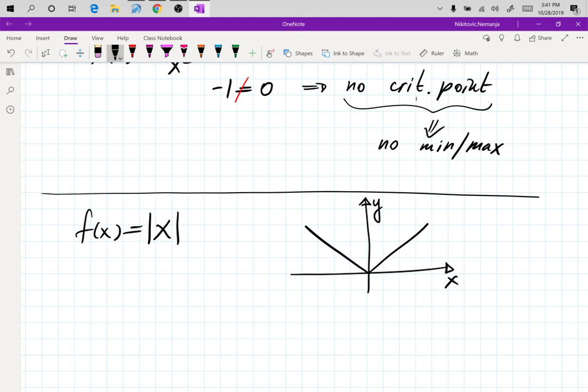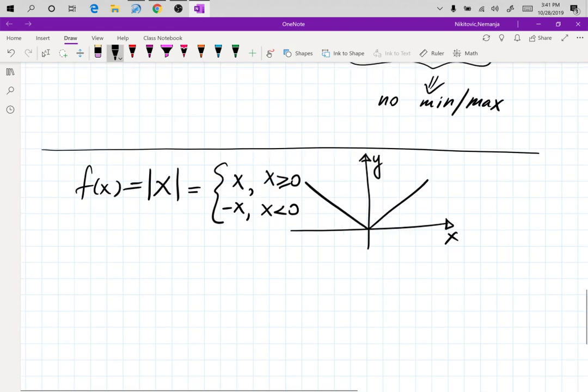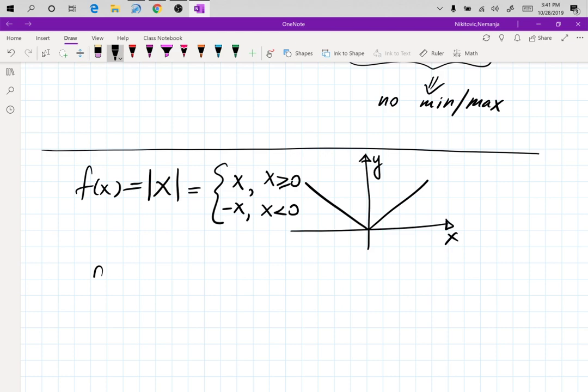So if you studied absolute values, you know that absolute value is defined as the piecewise function x for all x's bigger or equal than 0, and negative x for all x's smaller than 0. And in this case, f prime of x would also be a piecewise function where you take the derivatives of each piece independently.